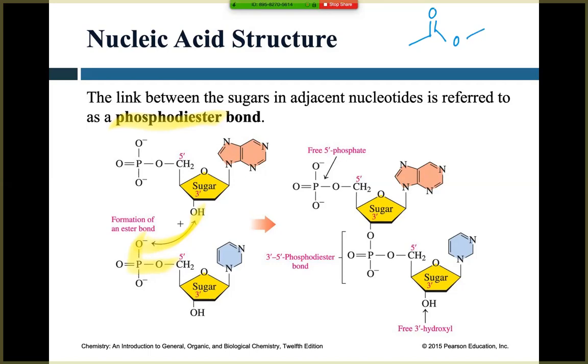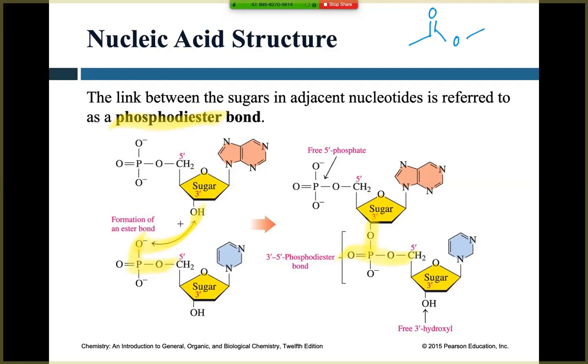So in a phosphodiester or phosphoester, if I just in my mind replace that phosphorus with the carbon, well, that kind of looks like an ester bond. And then this also looks like an ester bond. So therefore, we call it a diester. So the phosphate is now making an ester bond in two places, phosphodiester.